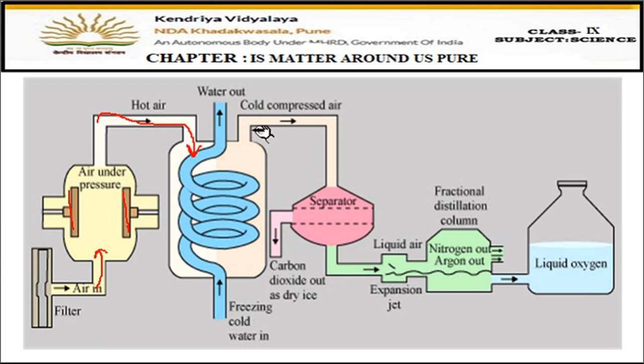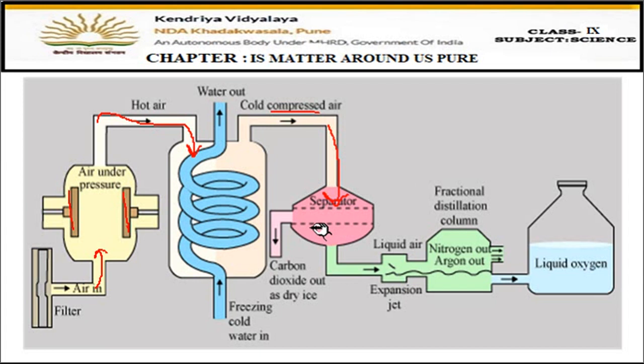So this cold compressed air, compressed meaning it was pressurized, will come into liquid form, because if pressure is applied on gases, they turn into liquid form. So now cold compressed air is coming, and it is allowed to go into this separator chamber.